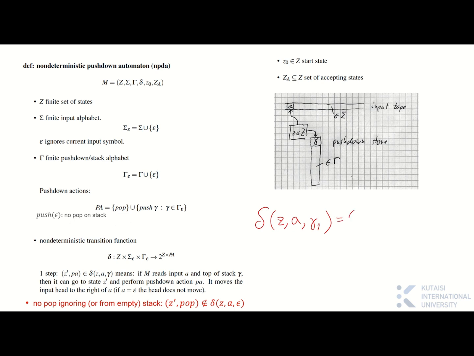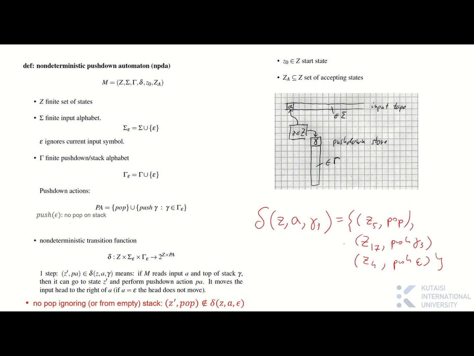So this is a set again. It's a subset of state and pushdown action. So this will contain things like maybe Z5 pop. It will also maybe contain, this is just an example, Z17 push gamma 3. And maybe it also contains a third one, Z4 push epsilon.